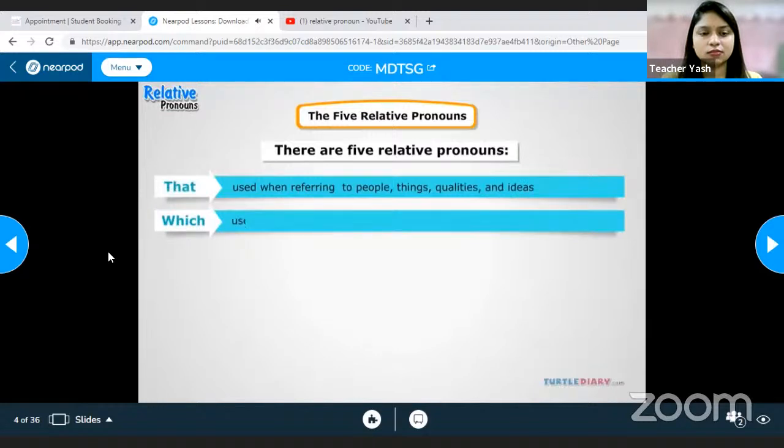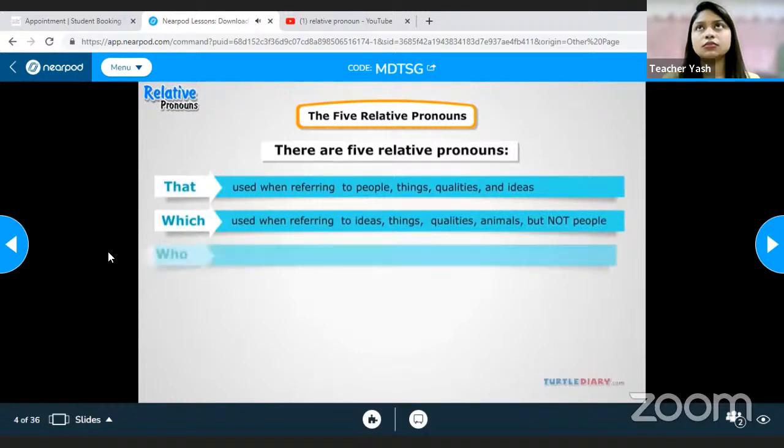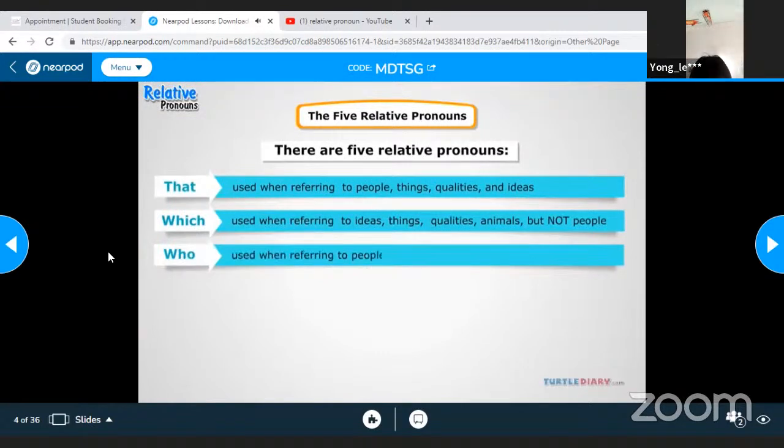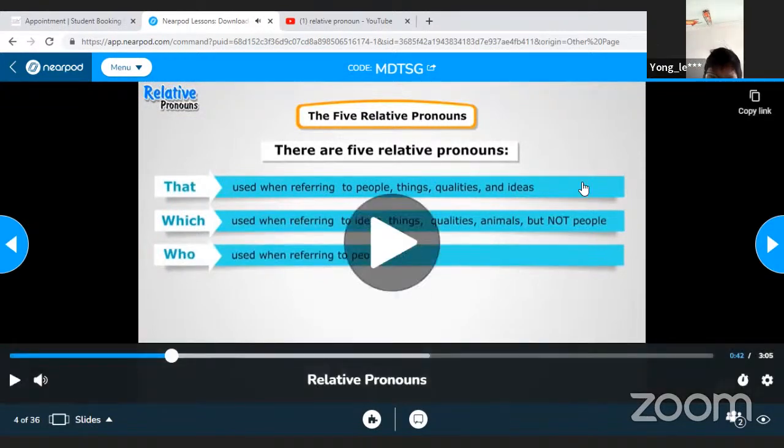Which is used when referring to ideas, things, qualities, animals, but not people. 3. Who is used when referring to people.